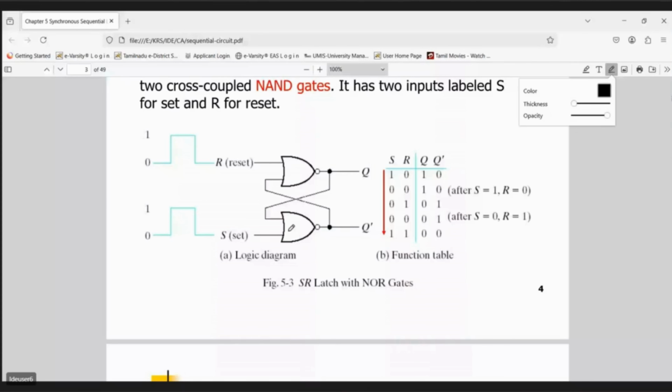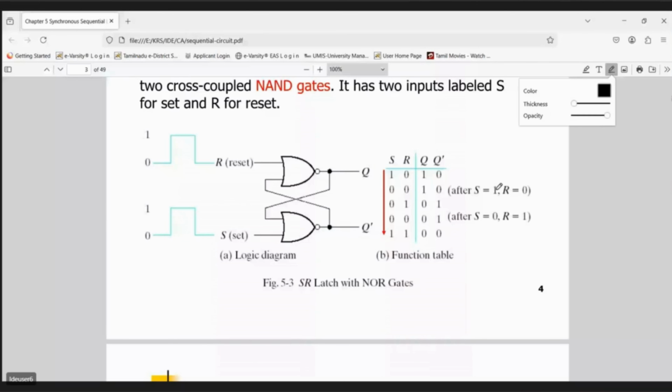Currently Q is 1. So with Q as 1 and set equal to 0, the NOR output equals 0, so the value of Q dash is 0. Then the value of R is 0 and Q dash is 0, so both are 0 0, and Q is equal to 1, that is after S equal to 1 and R equal to 0.